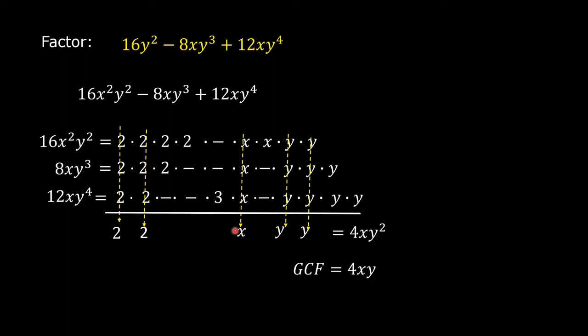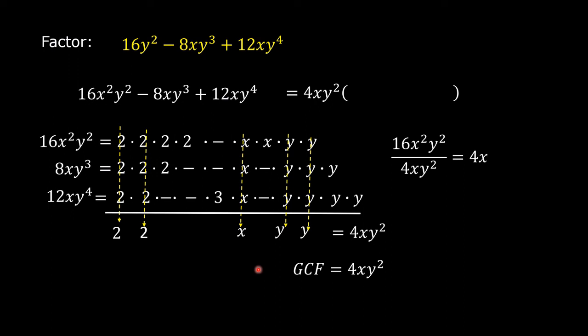So the greatest common factor is equal to 4xy squared. Write 4xy squared. Next, divide each term by 4xy squared.